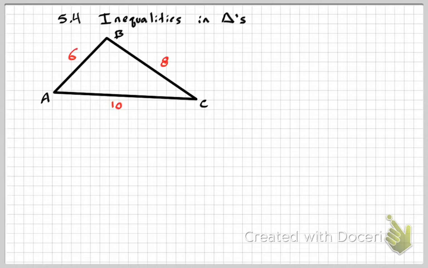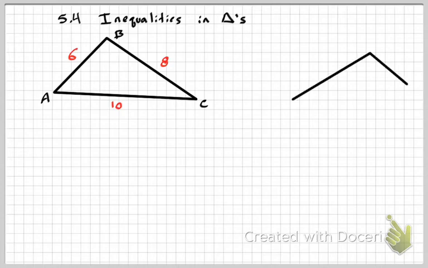All three angles then are going to be different measures. So this is not an isosceles triangle. We don't have any two angles that are the same. But how are we able to tell which angle is the largest and which angle is the smallest? The way that that's done is by looking at the sides and then traveling across the triangle to the angle that is opposite it.